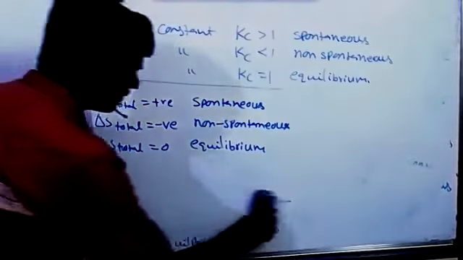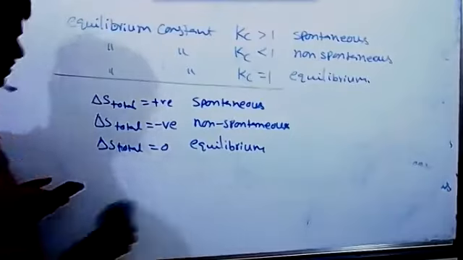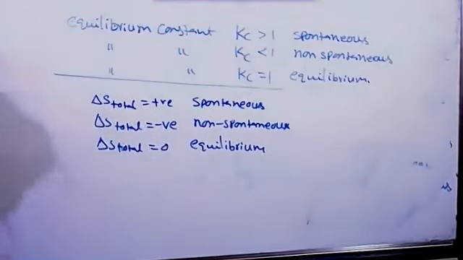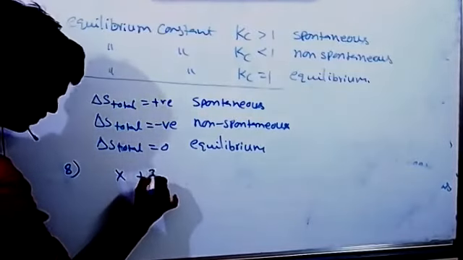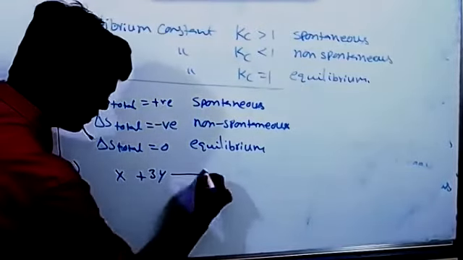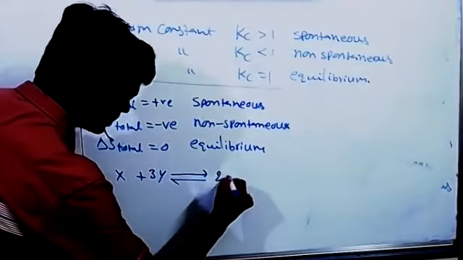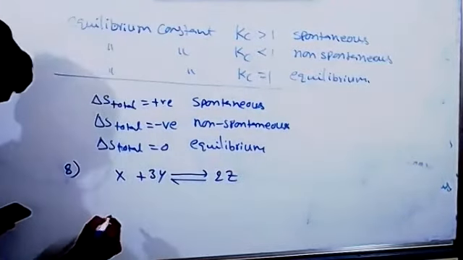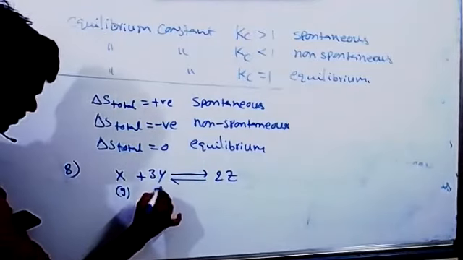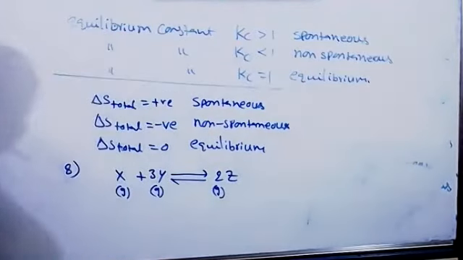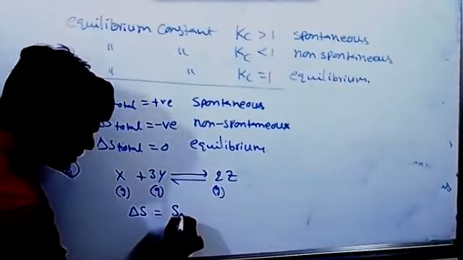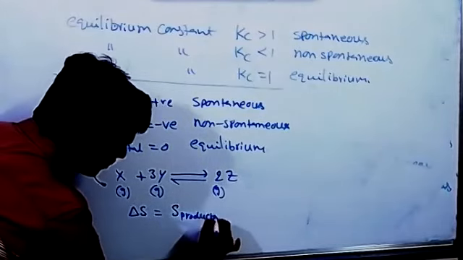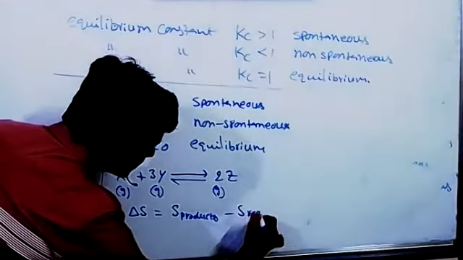So here entropy is a state function. Equilibrium reaction X plus 3Y gives 2Z. All are gases. Entropy is a state function. That's what change in entropy. Delta S is equal to S of products minus entropy of reactants.